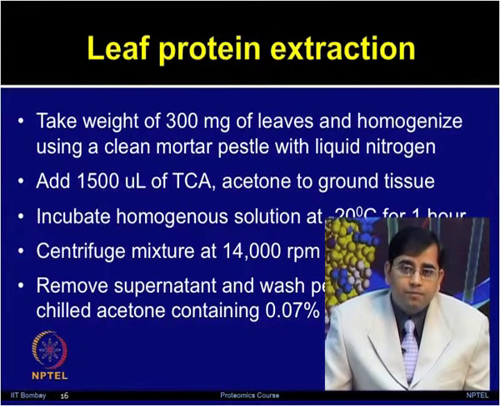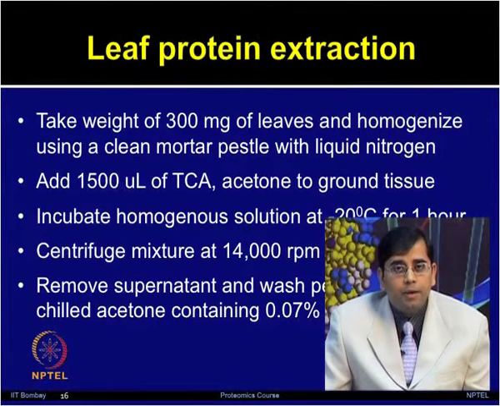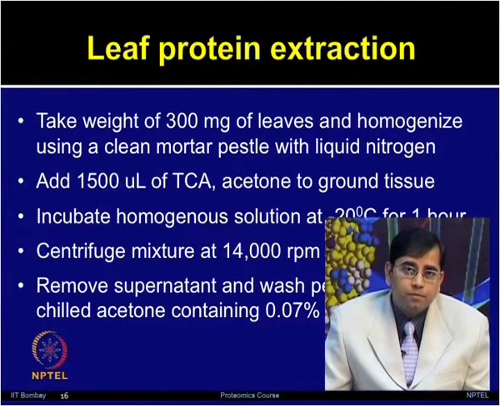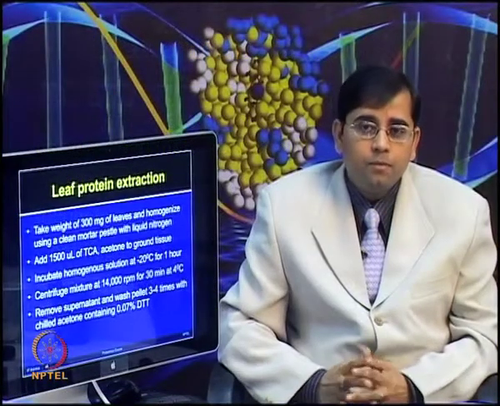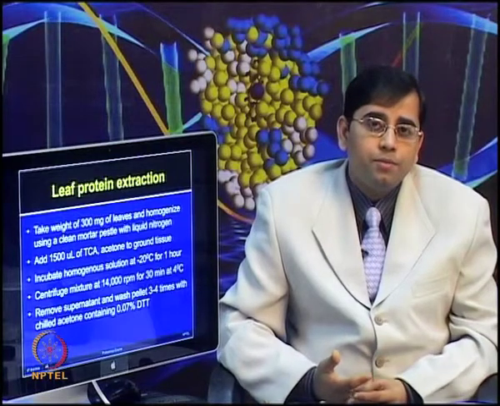Homogenize this 300 milligram leaf in liquid nitrogen by using a mortar and pestle. Add almost 1.5 ml of TCA in acetone. One can use 10% TCA in acetone with a minor addition of DTT, 0.07% of DTT, and add this to the ground tissue.